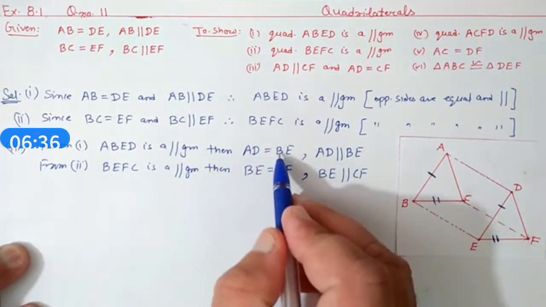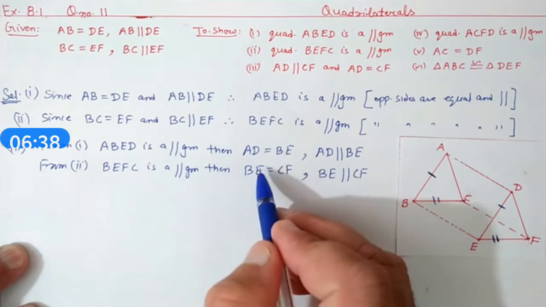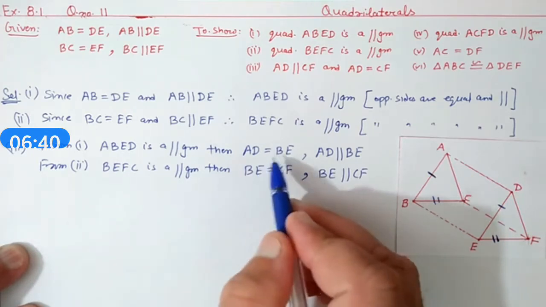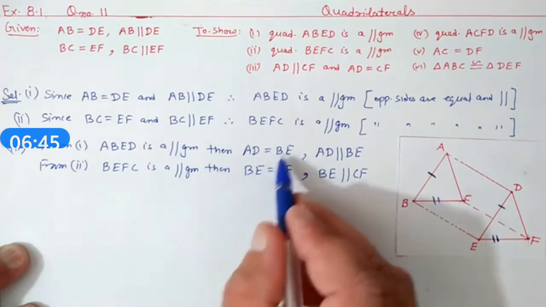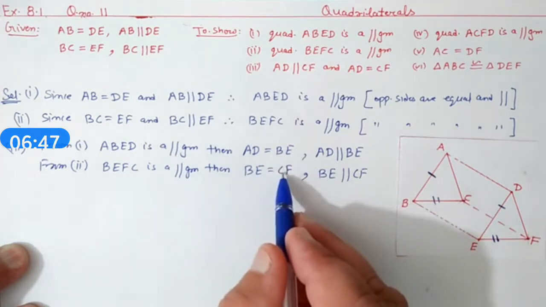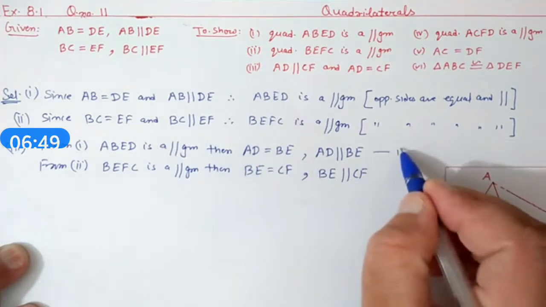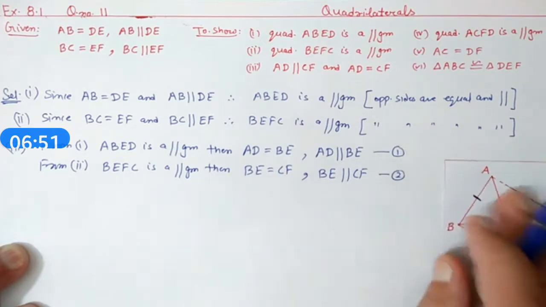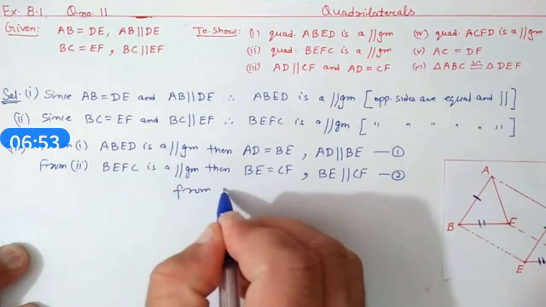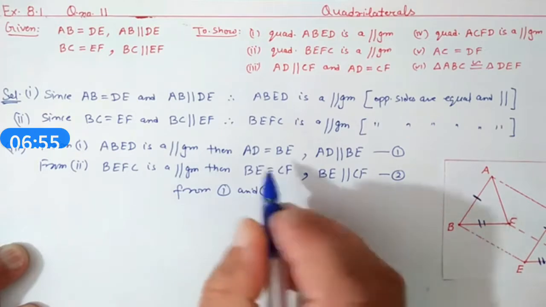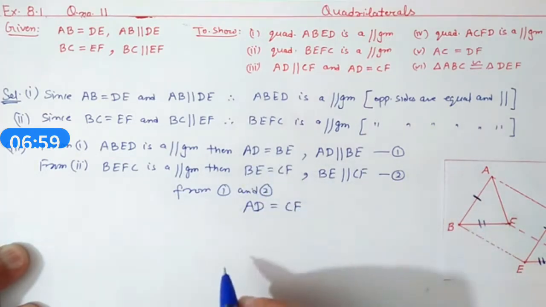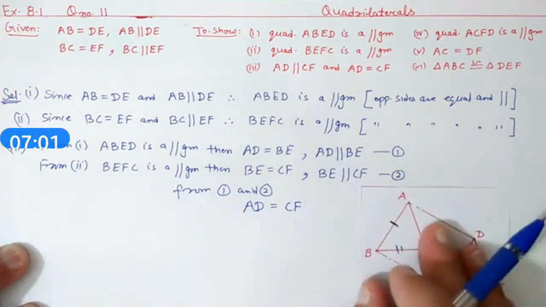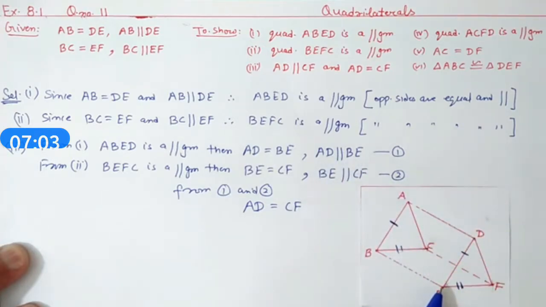Now you can compare these two equations. AD जो है बेटा that is equal to BE and BE is equal to CF. So from here you can write that AD equals to CF. B की E को आप omit कर देंगे यहाँ से. So from equation first and equation second you can easily write AD equals to CF and AD parallel to CF. This was our third part.